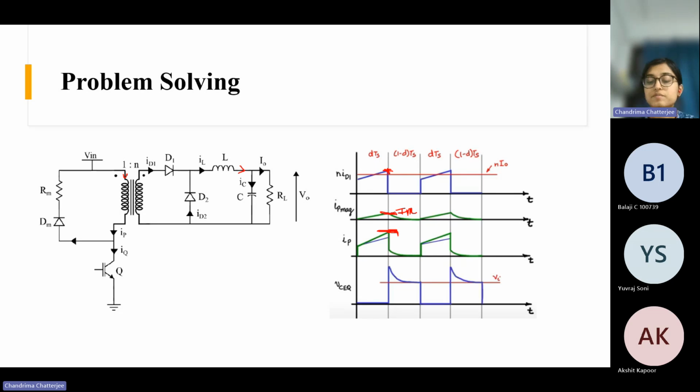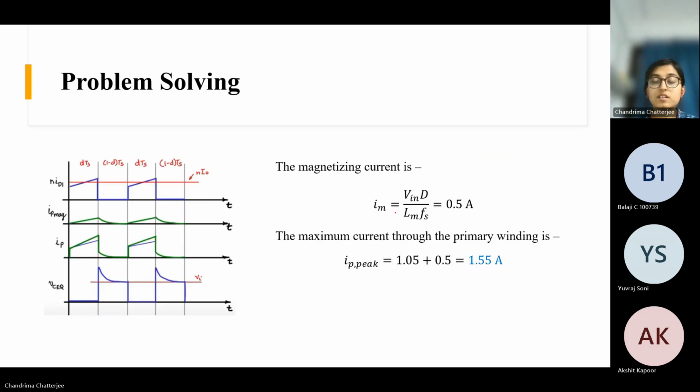What is Im? When the switch of the forward converter is on, the primary winding gets energized, so this current rises with a positive slope.